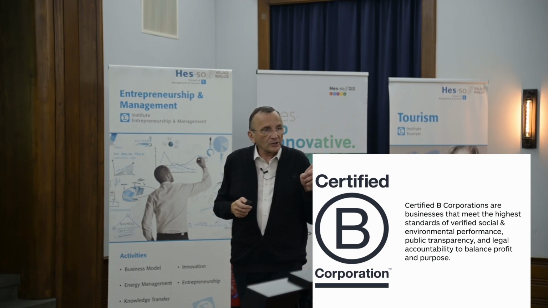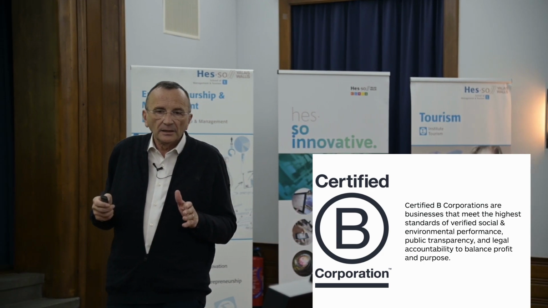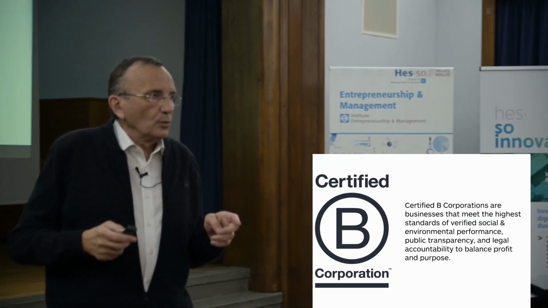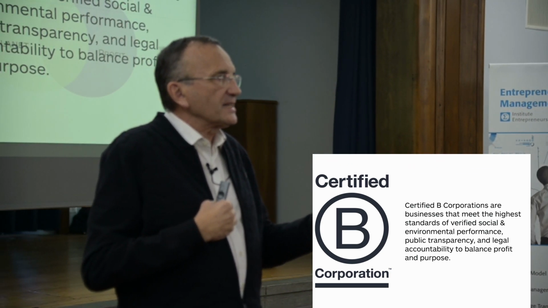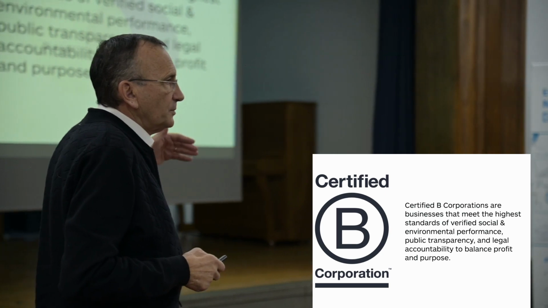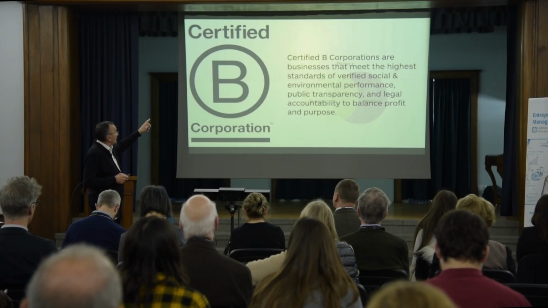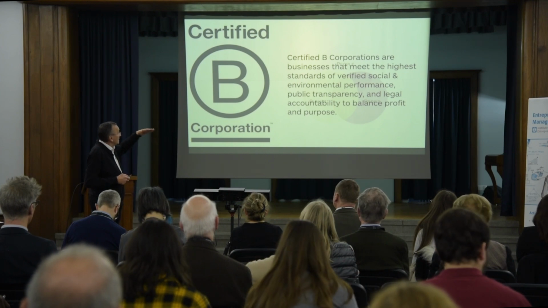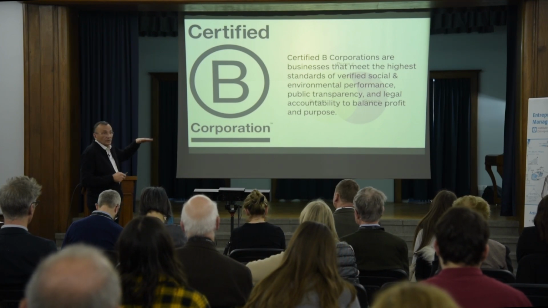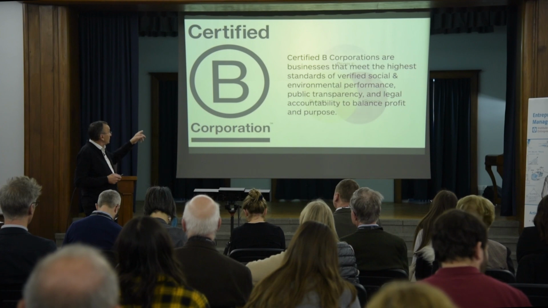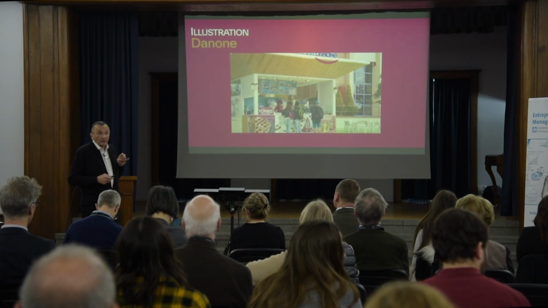But we can also have companies deciding that they will be certified by an external body, in this case, the B Corp certification. So certified B Corporations are businesses that meet the highest standards of verified social and environmental performance. And a nice example is Danone. Why?